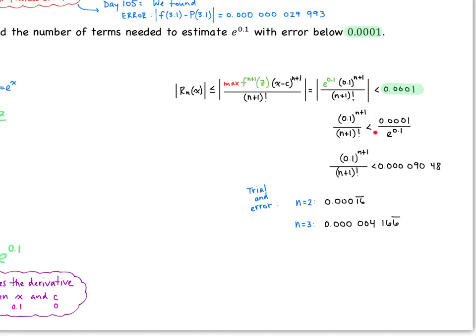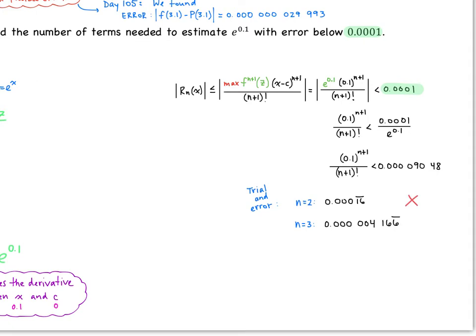Okay, plugging this portion into my calculator, we get this value. Now it just becomes a trial and error situation. So, when n is 2, what do I get? Well, we get 0.0016 repeating. So I plug n in here and I evaluate that. Unfortunately, that is not less than our error.